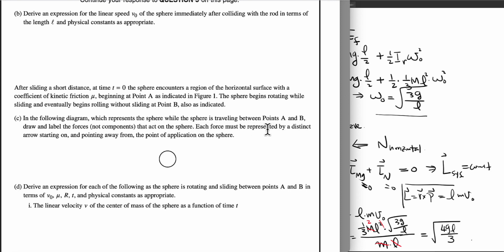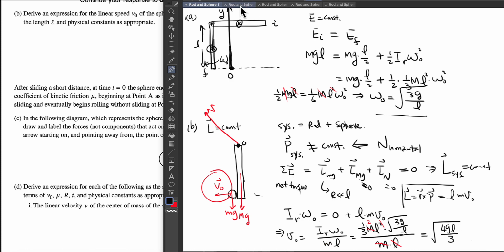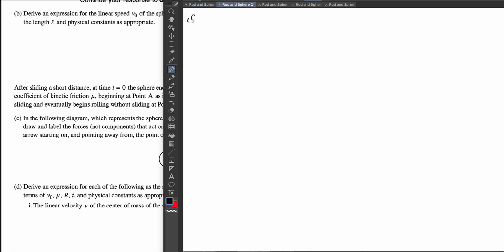Okay, each force must be represented by a distinct arrow pointing away from the point of application on the sphere. Now question C, it's about the free body diagram of the sphere. Now here's the sphere.